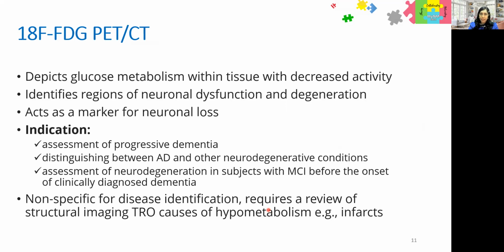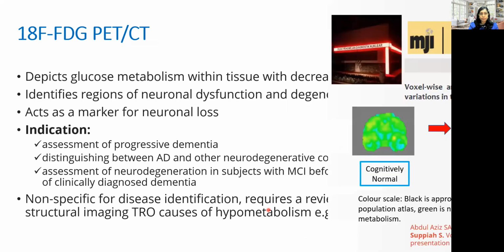Non-specific for disease identification, 18F-FDG imaging requires a review of structural imaging to rule out other causes of cerebral hypometabolism, such as cerebral infarctions. However, it is good to identify the patterns of reduced FDG metabolism that may point to the diagnosis of dementia.